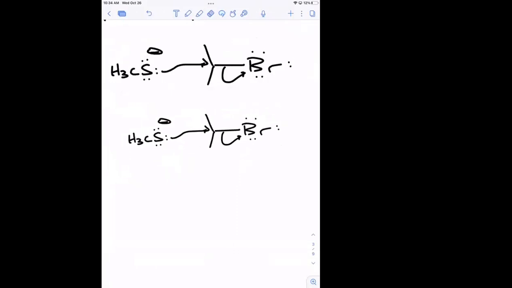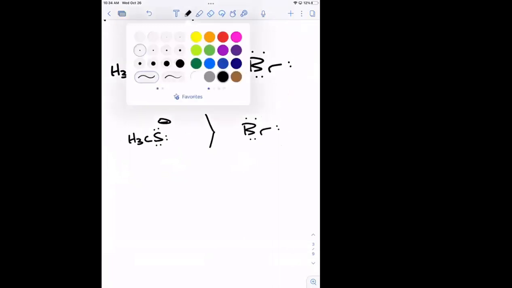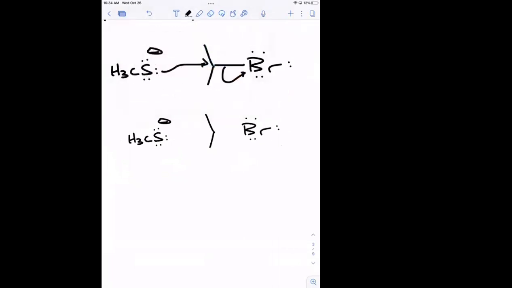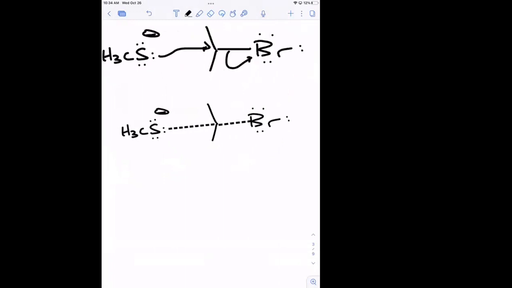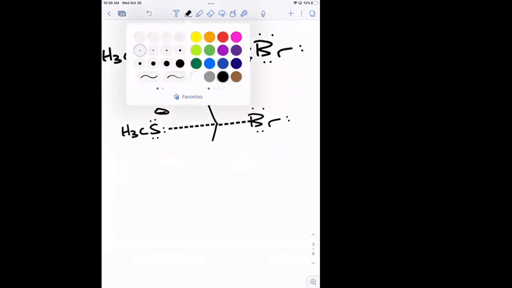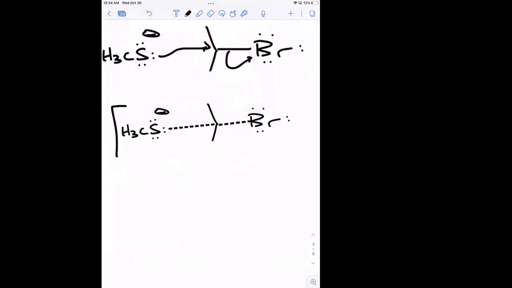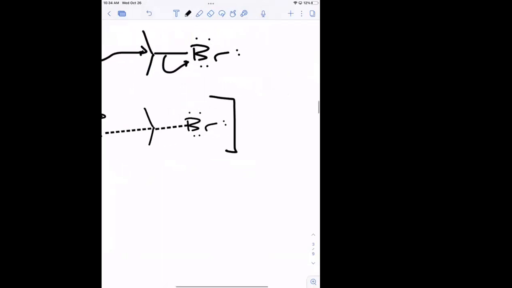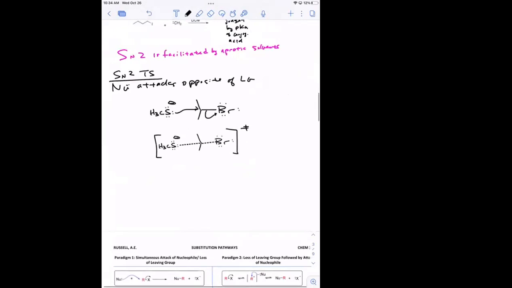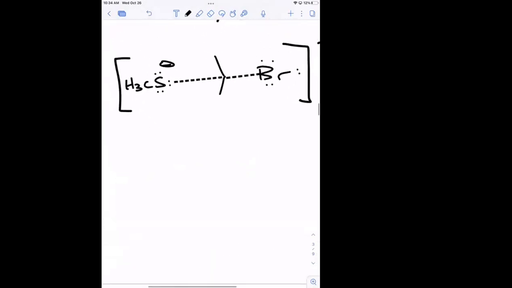You've seen this before because we talked about transition states recently. So it's like this. This bond is being formed. This bond is being broken. This is my transition state.